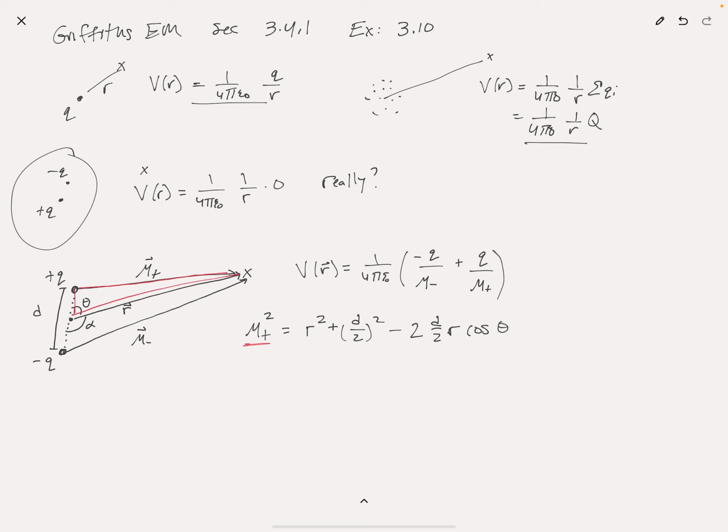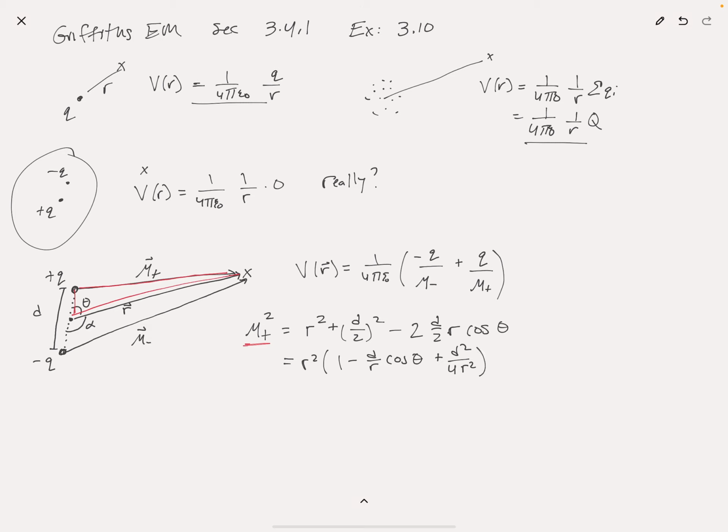Okay, I can go ahead and say, all right, well, I know that d is going to be small. Oh, well, I missed a spot. All right, I'm going to go ahead and pull out an r squared. That's going to give me 1 minus d over r cosine theta plus d squared over 4r squared.